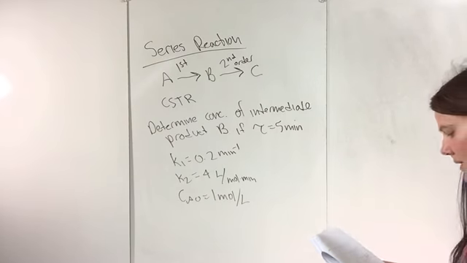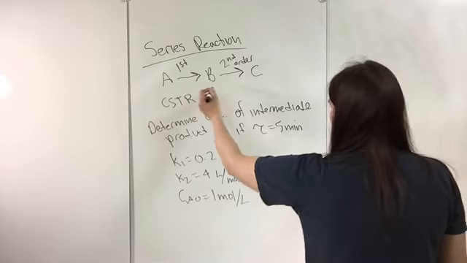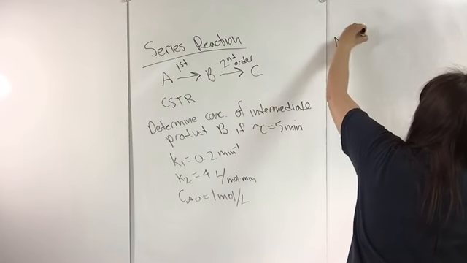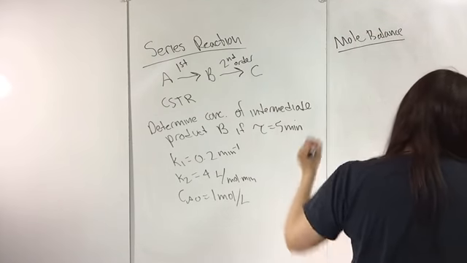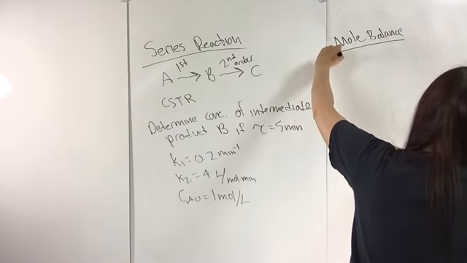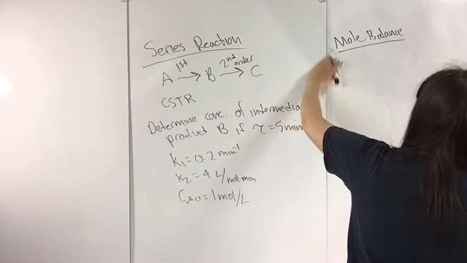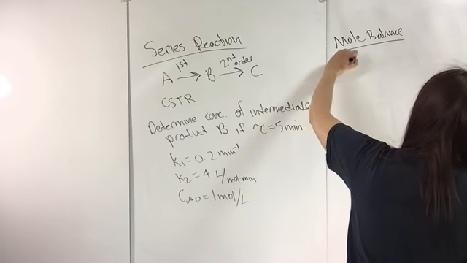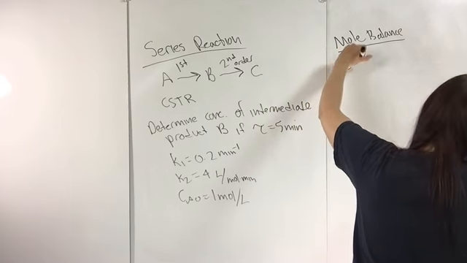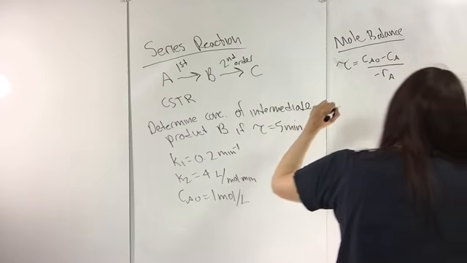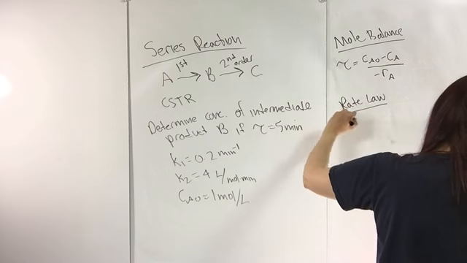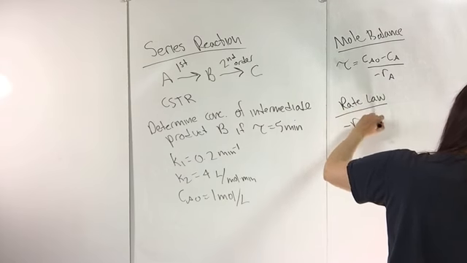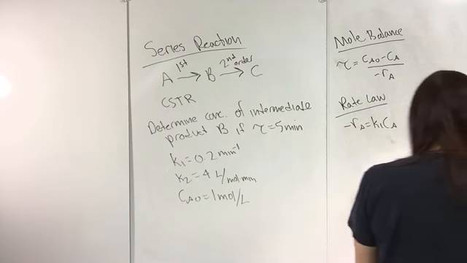So the first thing you want to do for this is a mole balance on the first one. So mole balance. And so this is a CSTR, so you just have V. I'm going to skip straight to the equation I had before, which was tau is equal to Ca naught minus Ca over minus Ra. The rate law is first order, so it's K1 Ca.